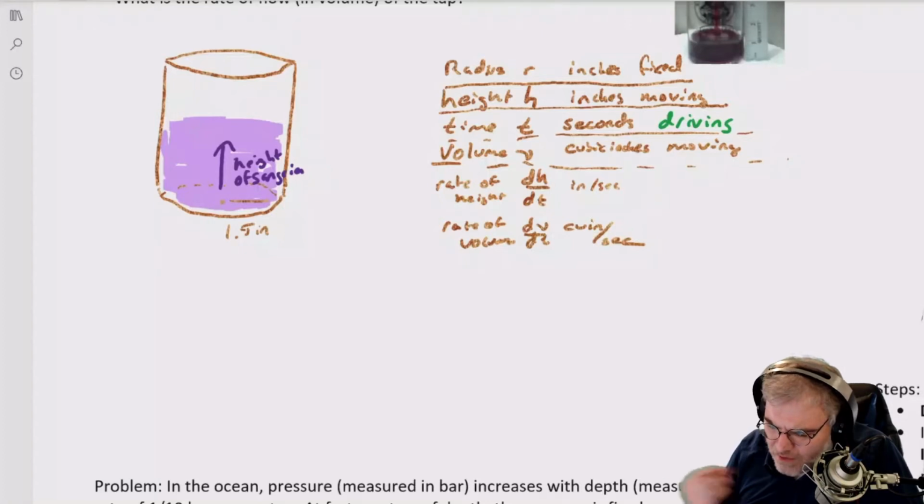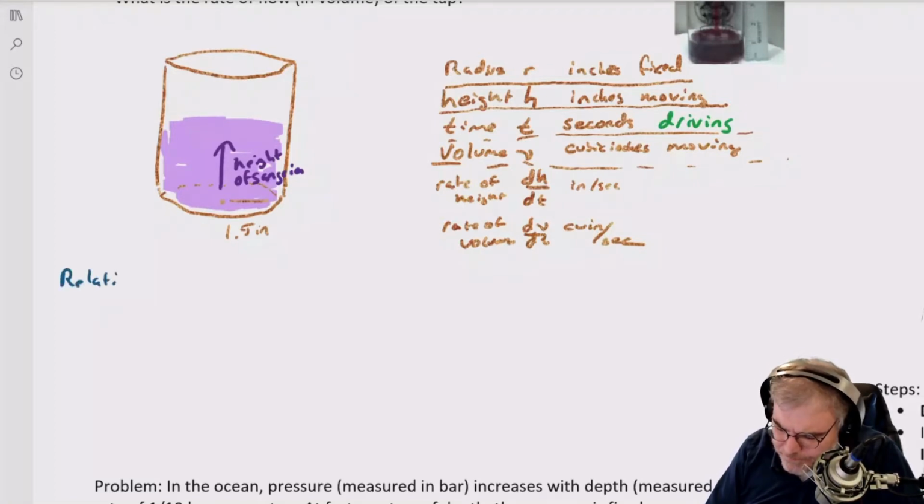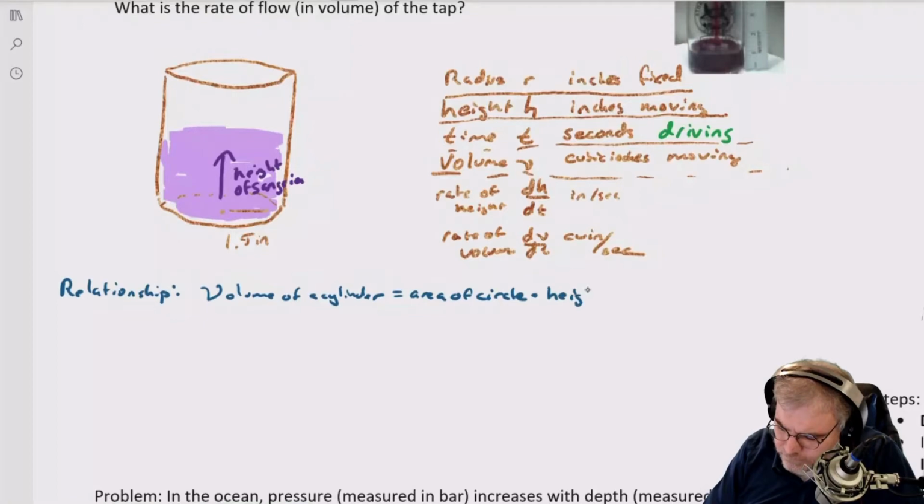Now, I also have a relationship to these things, and that's the volume of a cylinder. So the relationship: the volume of a cylinder is the circle on the top, right?